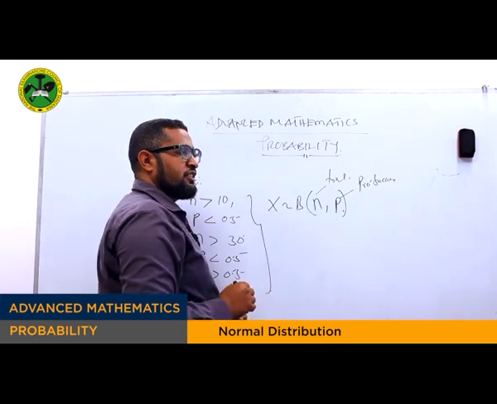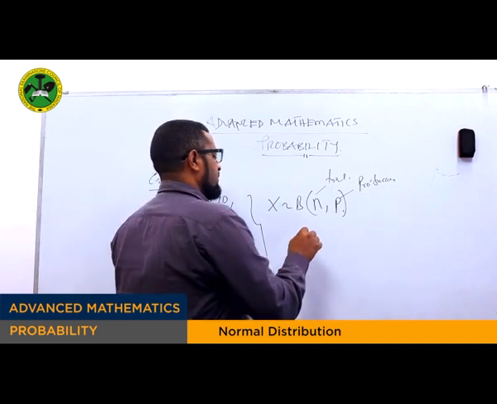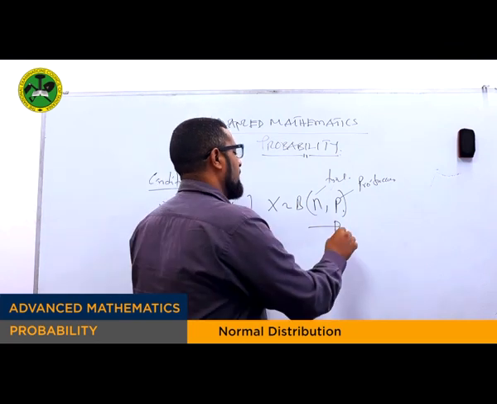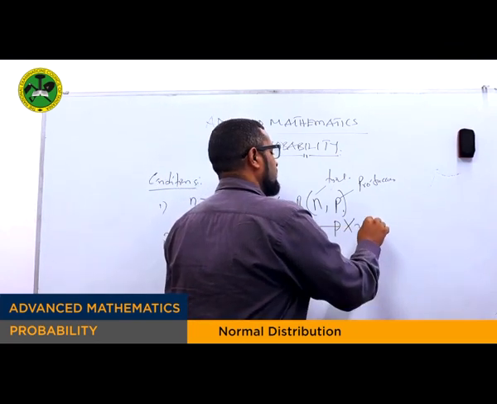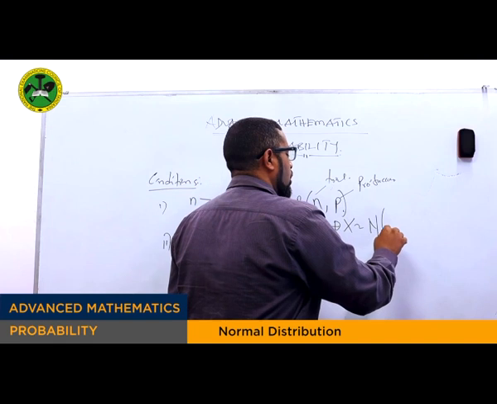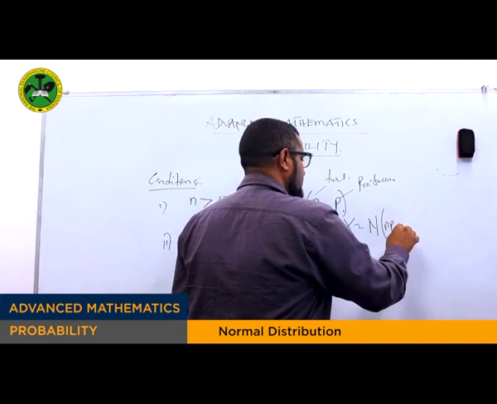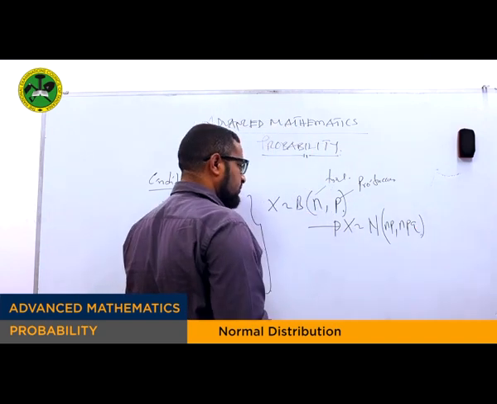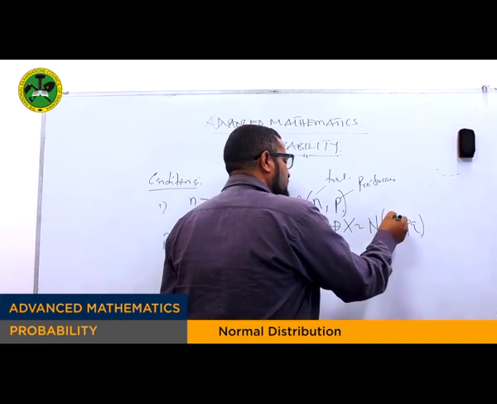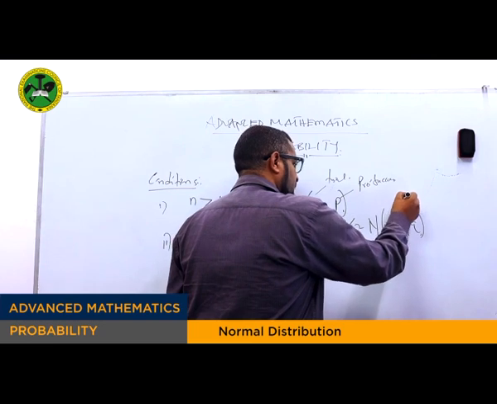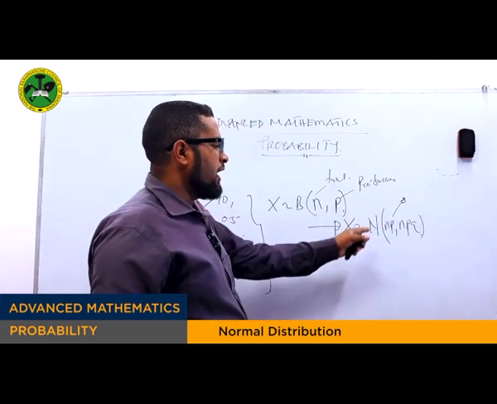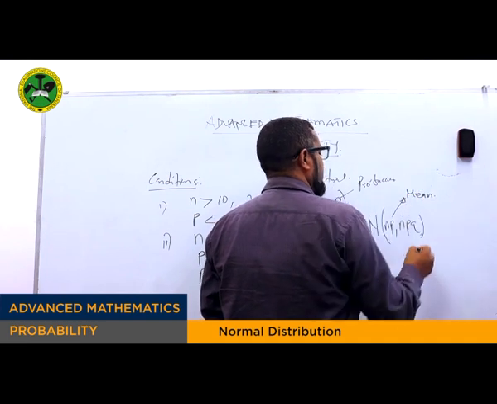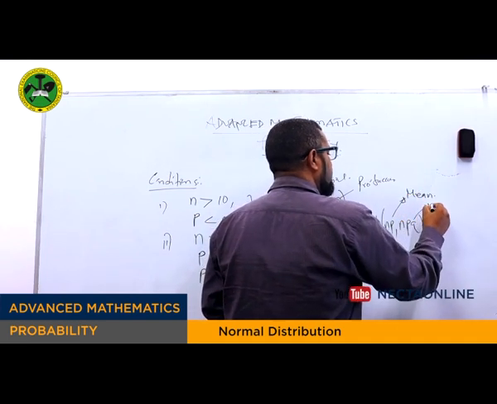If that is the case, under that condition, this will be approximated to X ~ N(np, npq). Now, what is np in normal? np is the mean, and npq is the variance.